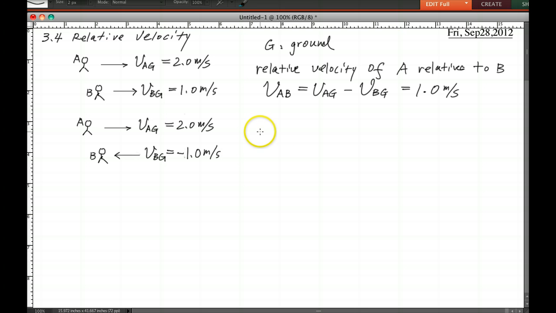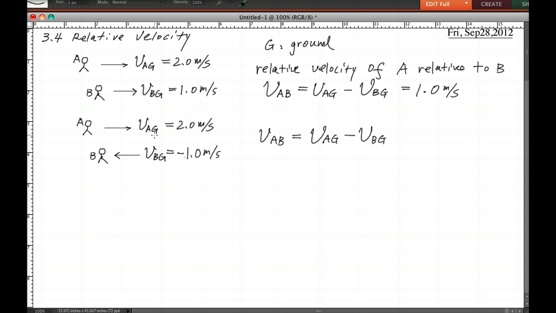Now if we still want to find VAB, do we do VAG minus VBG again? Do we have to modify this formula? First of all, come up with an idea. When the motion is opposite, what is the relative velocity of A to B?